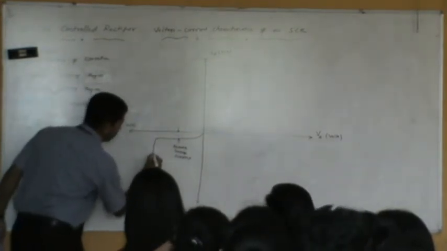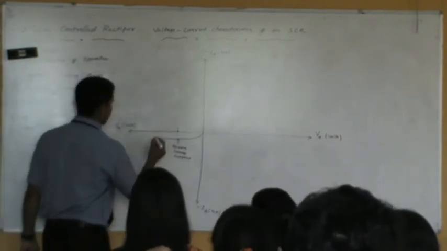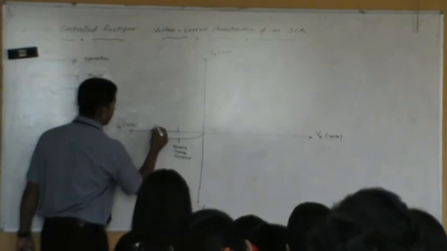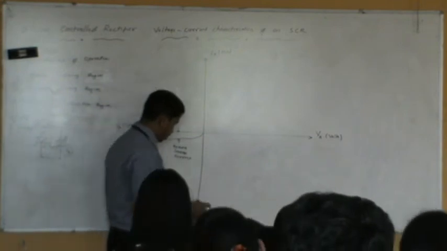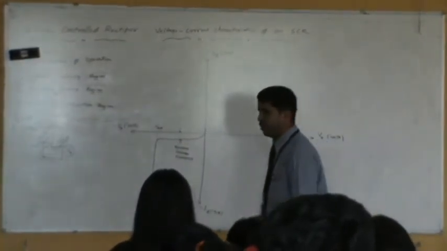You can see that the current will be like this. And the point at which the device breaks down is called VBR, the reverse breakdown point.